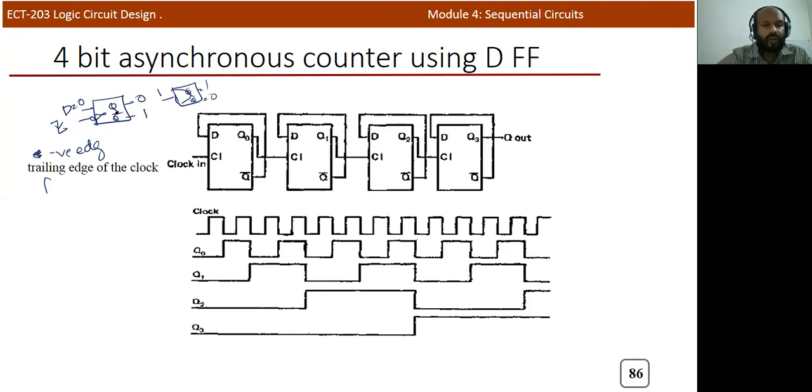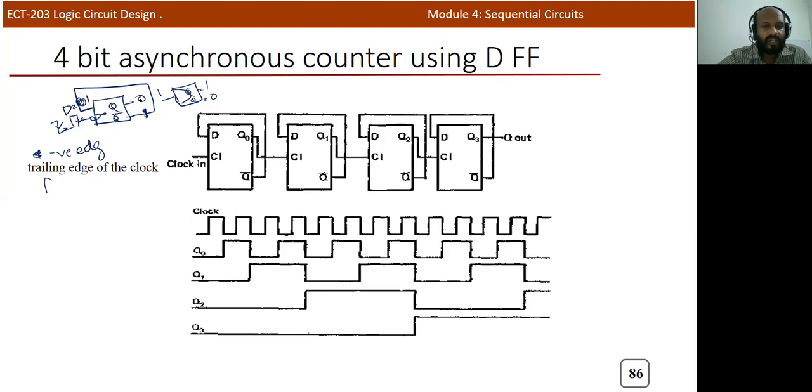So in order to get a toggle mode, there is no direct option. One way we can connect this flip-flop to operate in toggle mode is to just connect Q bar as the input of D. If you apply 0 and there is a clock, the output will be 1. So 0 becomes 1. Now we feed this 1 back to the input side, so during the next clock cycle the D input is 1.